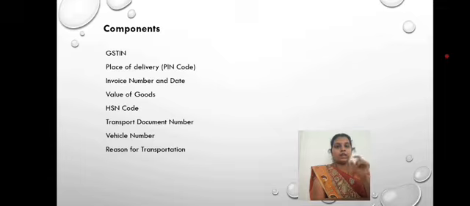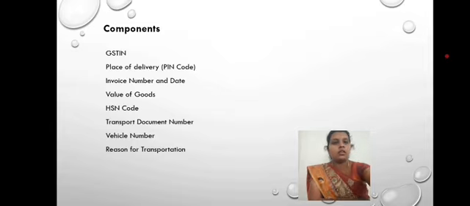The vehicle number and the particular vehicle details should all be given. Next, reason for the transport. For what purpose you are transferring the goods from one place to another place. These are all the components you must mention in the E-way bill.